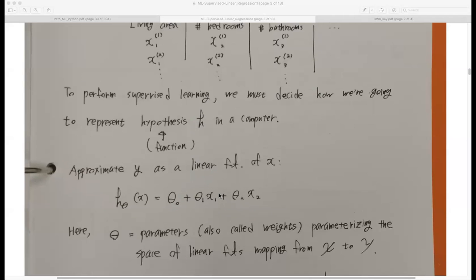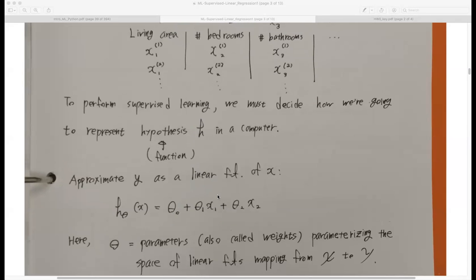In this case, we assume that we're going to consider two features. x1 is feature 1 and x2 is feature 2. So in an example input, for the first example, there are two features. For example, x1 represents living area and x2 represents number of bedrooms. And then what we need to do is determine theta 0, theta 1, theta 2.